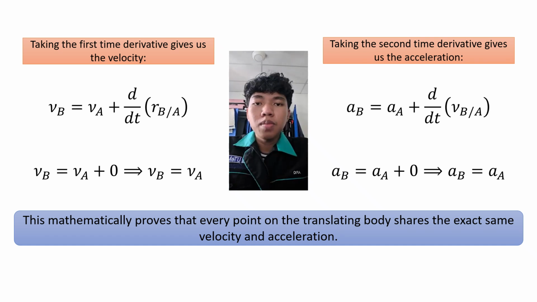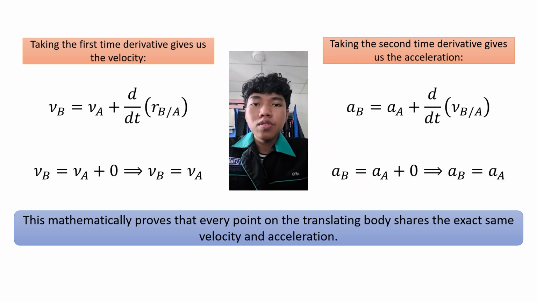Velocity: taking the first time derivative gives us VB equals VA plus the derivative of RBA. Since the derivative is 0, this leaves us with VB equals VA plus 0, which means VB equals VA. For acceleration, taking the second time derivative gives us AB equals AA plus the derivative of VBA.